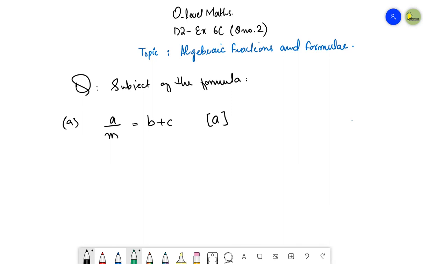Right now, on the left hand side there is only the variable M, and this M is dividing. M is present in the denominator. A is divided by M. It means the operation is division.